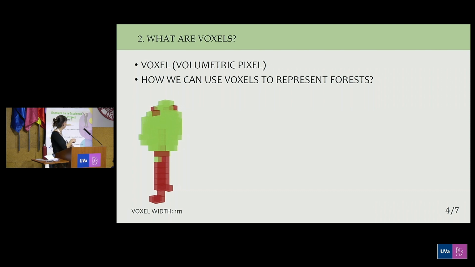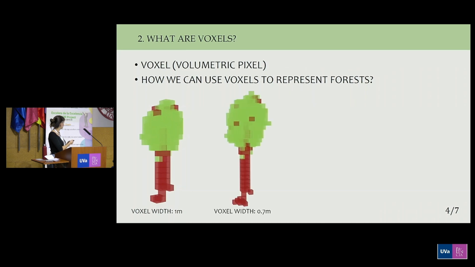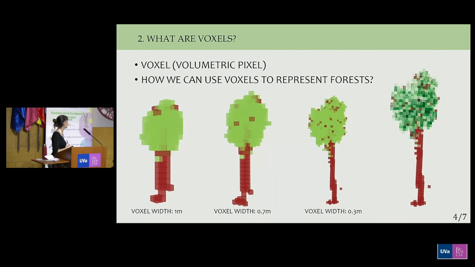We can vary the voxel width, and as we use smaller voxels, we get better representations of the tree. We can also count the number of LiDAR points we have in each voxel to get something like this. Here we have painted darker the voxels where we have more LiDAR points. So we don't lose the information about the leaf distribution.